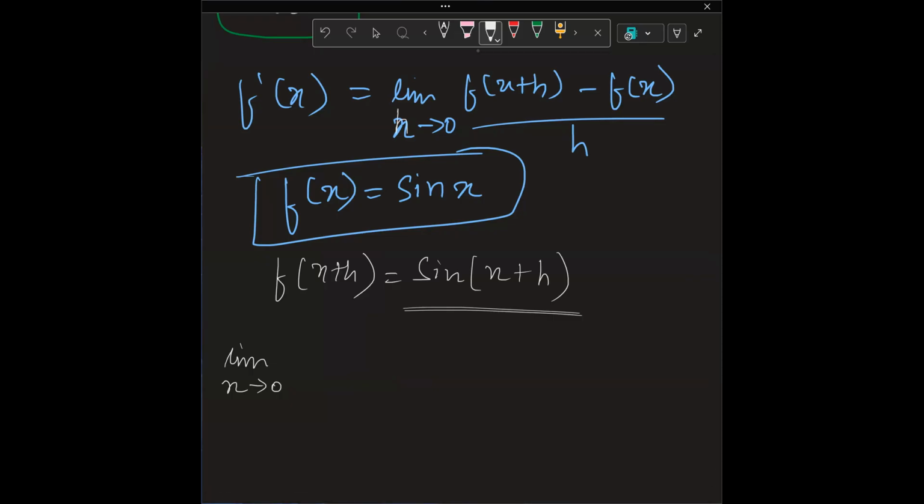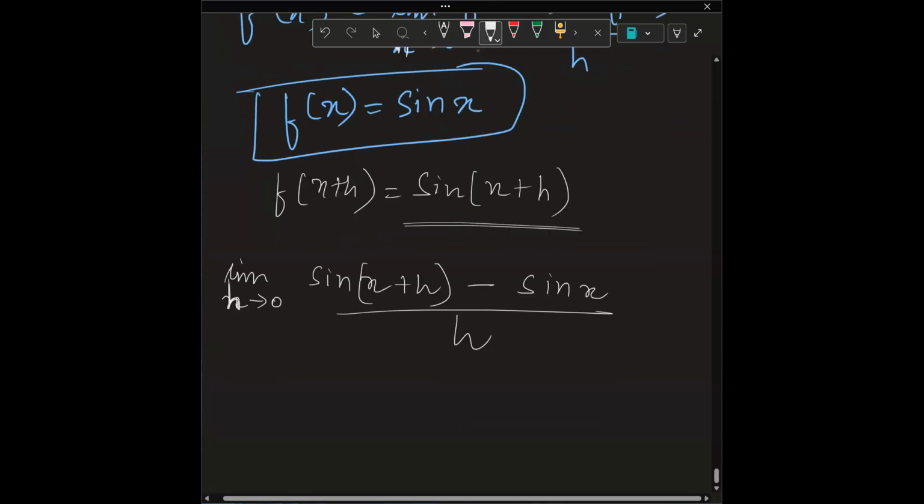Sorry, over here this should be h, h tending to 0. And what is your f(x plus h)? That is sin(x plus h) minus what is f(x)? f(x) is sin x, over h.